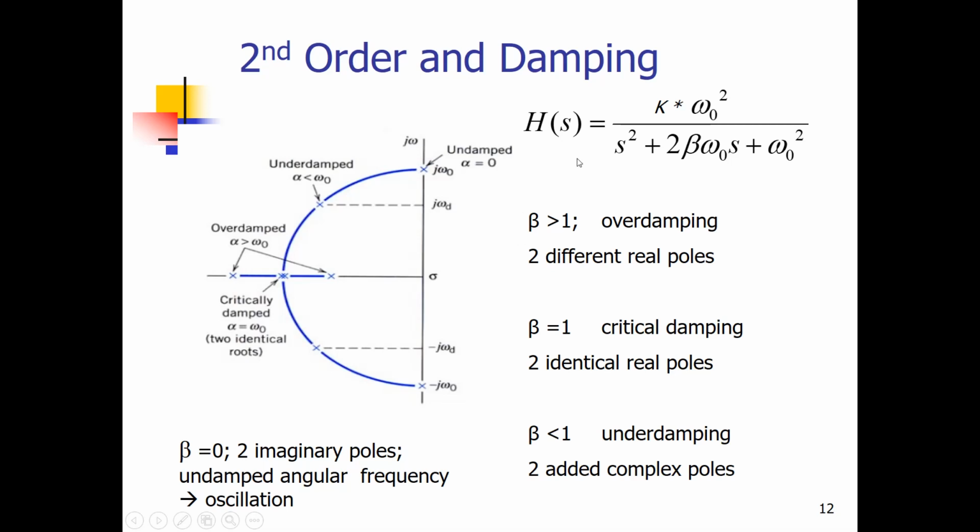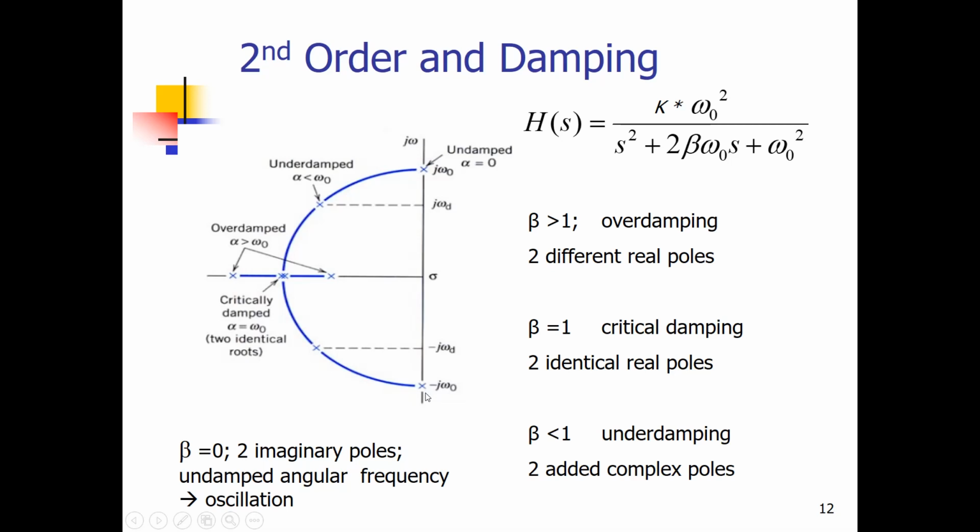But when that is the case, and it could be the case, for instance, in a mathematical system, then I have pure oscillations, which means that my poles can be calculated by putting s squared plus omega 0 squared to 0, which yields two poles on the imaginary axis. So lambda is 0, and I only have two poles on the imaginary axis, which means that there is purely oscillation and no damping at all.